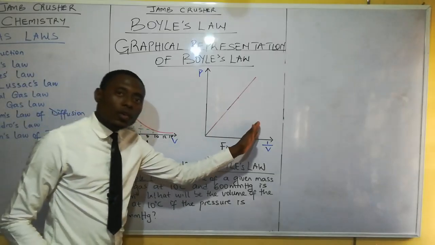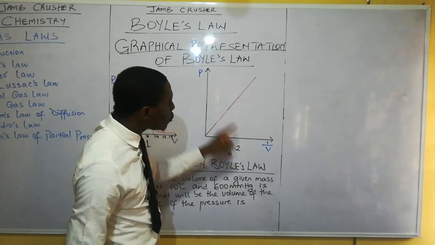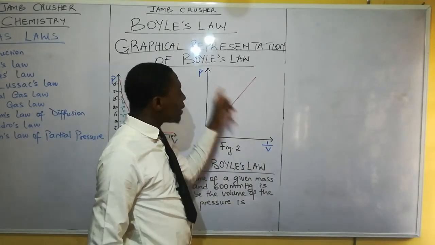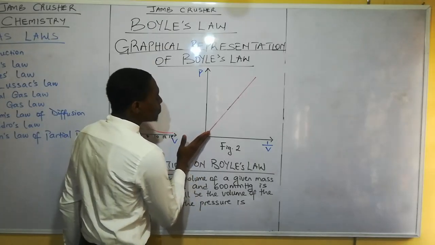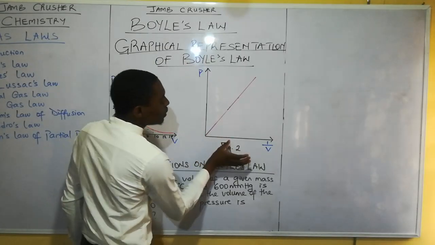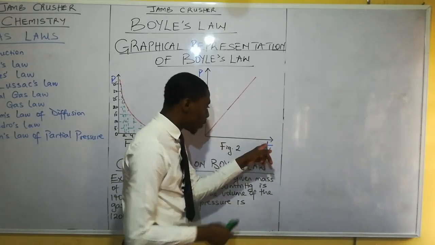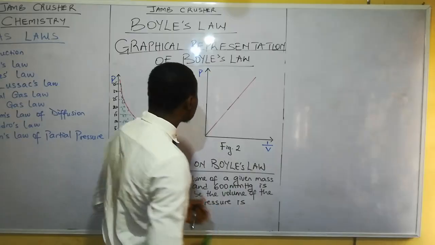Now for figure 2, figure 2 is similar to figure 1, except that we are plotting pressure against 1 over volume. If you look at this relationship, you will see that the higher the pressure, the higher the value of 1 over volume. That is, we are taking the inverse of the volume. Let me put some figures here so that you can get what I'm talking about.